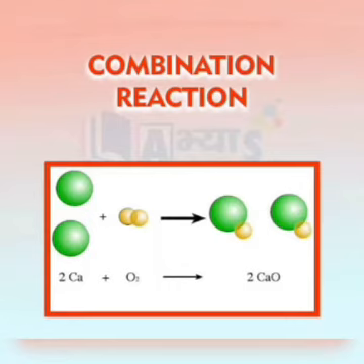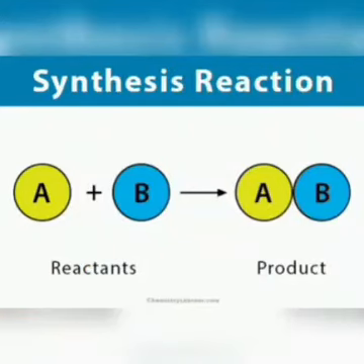The second type is combination reaction between two compounds, for example ammonia plus hydrochloric acid, NH3 plus HCl, giving NH4Cl, ammonium chloride.